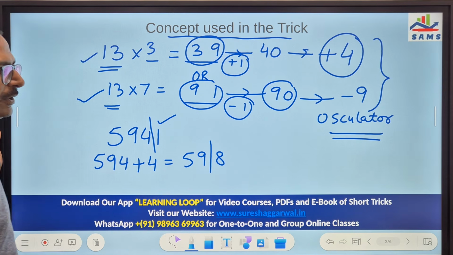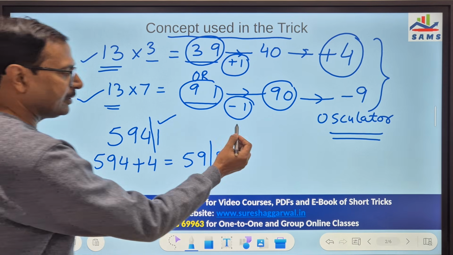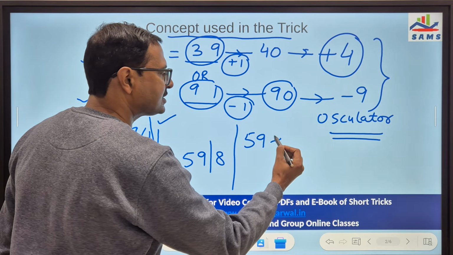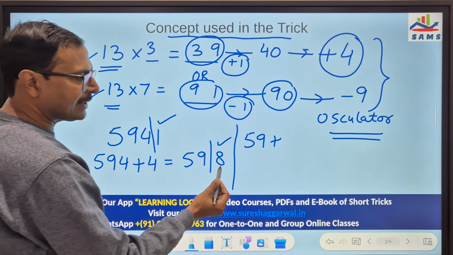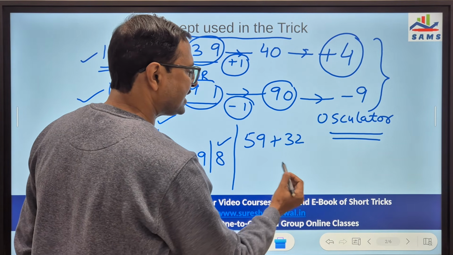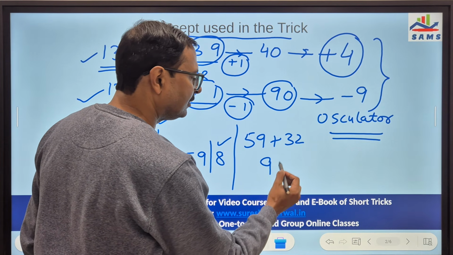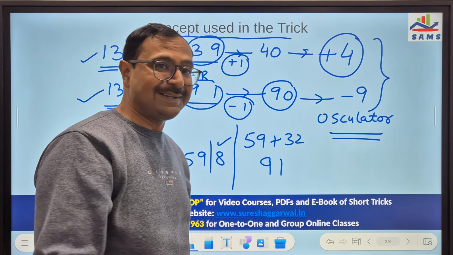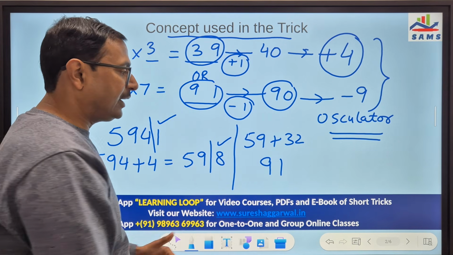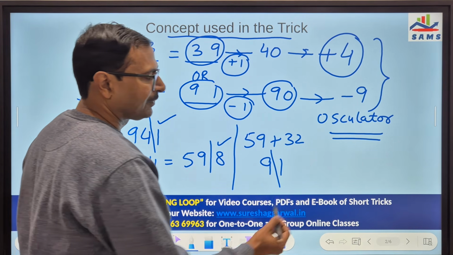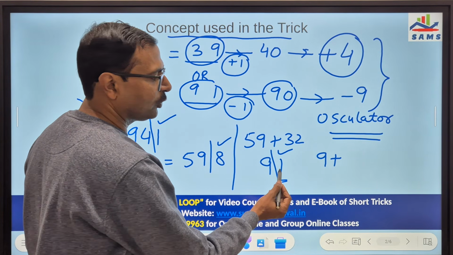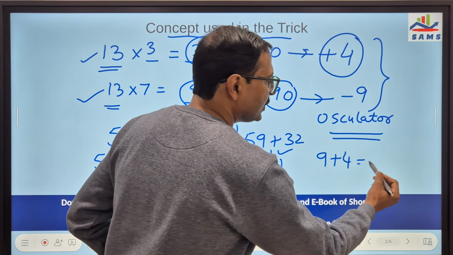I'll do it one more time because 598 is again a difficult number. So 59 plus 4 times 8, 32, which gets me 91. And I know that 91 is divisible by 13, but if you still don't know it, you can do it one more time. 9 plus 4 times the unit digit, 4 times 1 is 4, gets you a 13.